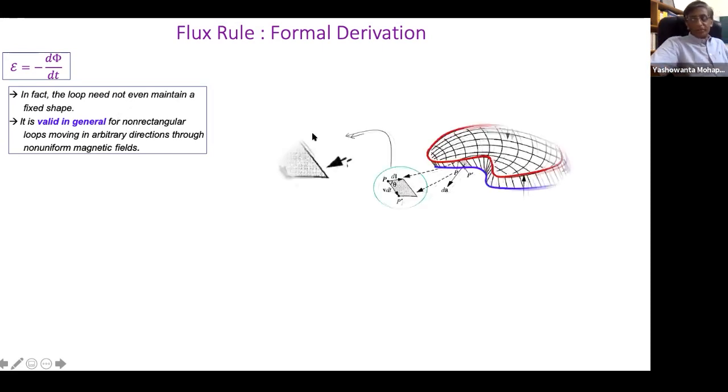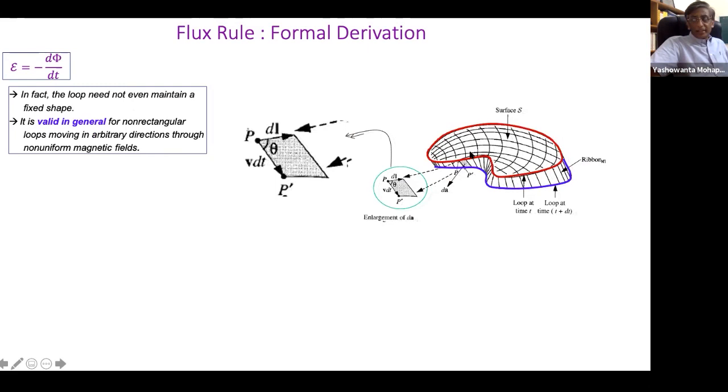Let's create an arbitrary loop. Let's say this red is the loop, and that loop encompasses the surface S. Okay, and that is moving in time dt. This is at time t, and it is stretching and moving arbitrarily to t plus dt.